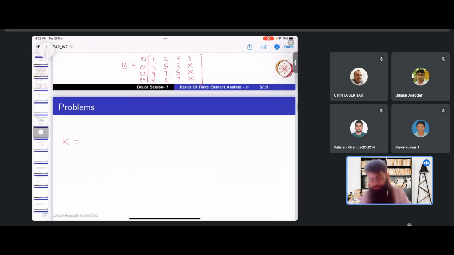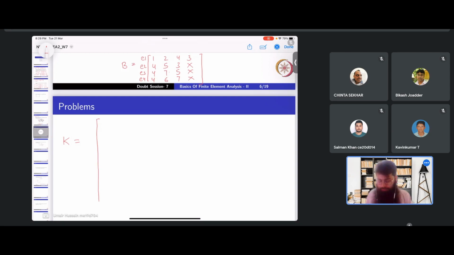This is again practice for us, in case we are not given a mesh. We are given only the connectivity matrix like this, not the stiffness matrix. So how are we going to write our global stiffness matrix? That can be practice. Since it's a big matrix, we'll try to do as much as possible, but we will not do all of it.